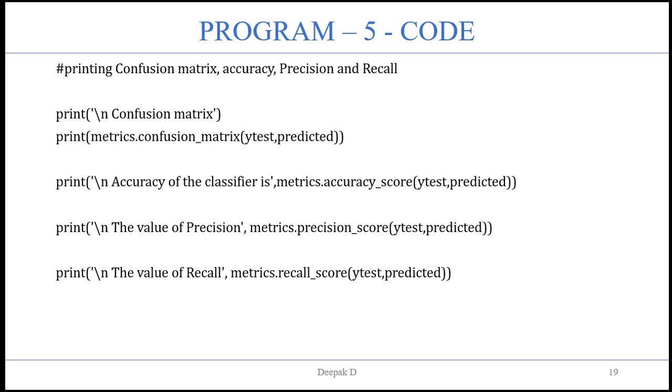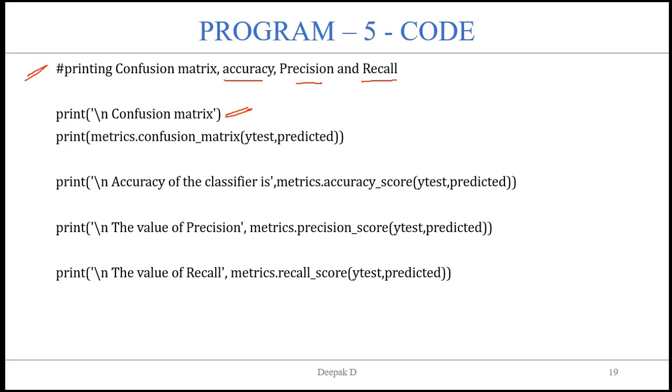And in the fifth step, I'm using some metrics for understanding the accuracy, precision and recall. In order to derive the accuracy value, precision value and recall value, first I need to get the confusion matrix. The confusion matrix will give you the quality of the output of that particular model.